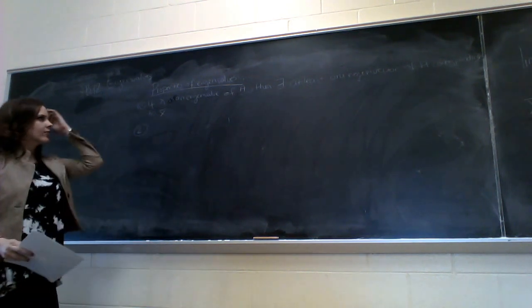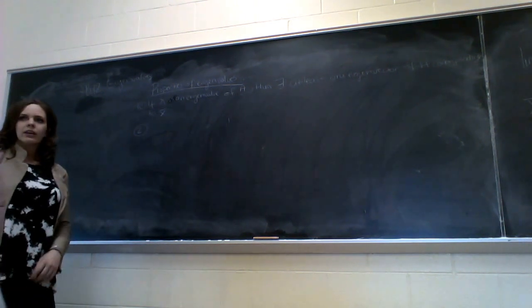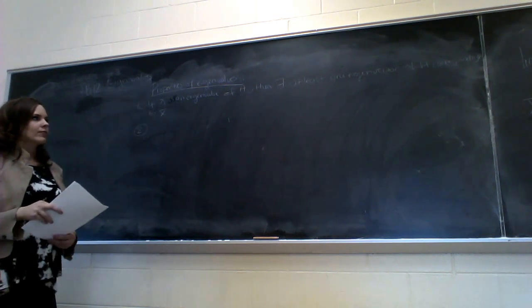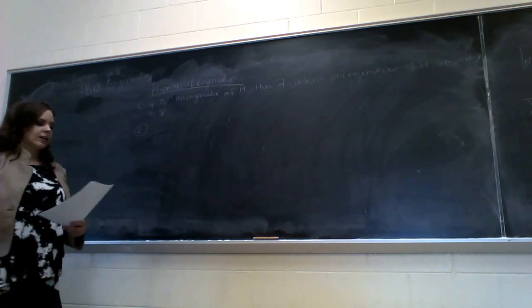So it's just saying if I have an eigenvalue lambda, then there is an eigenvector corresponding to that eigenvalue.